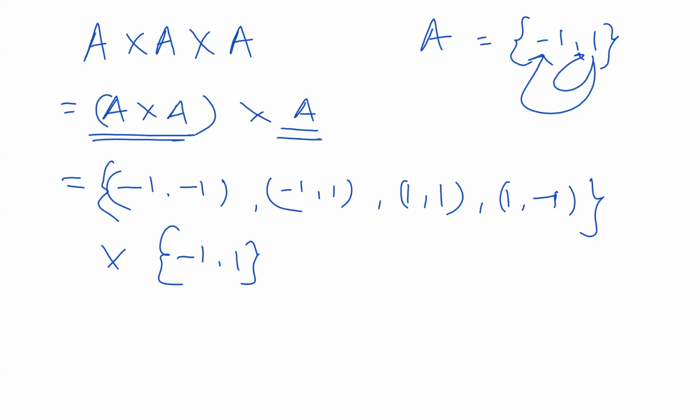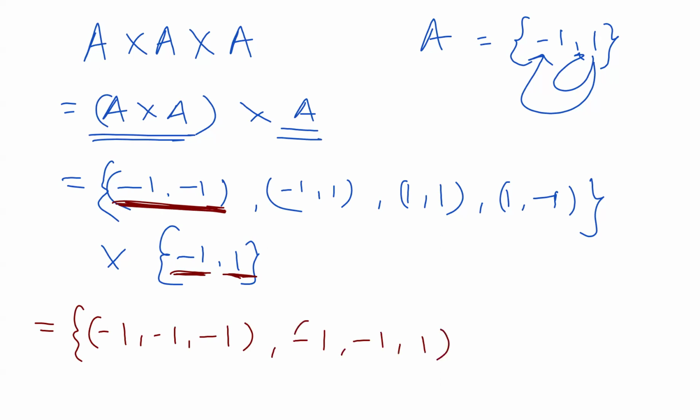Right? So now see how we are going to calculate this. -1, -1, -1, the first ordered pair. Then -1, -1, +1. So the first pair is done over here.